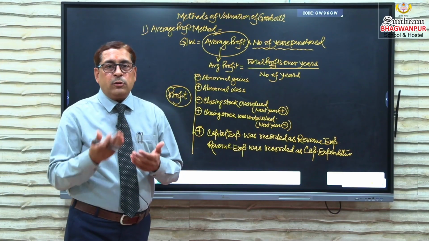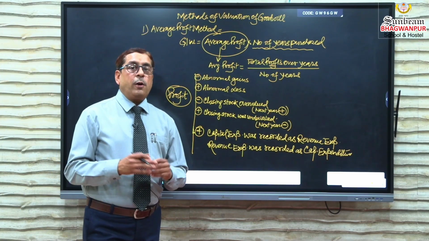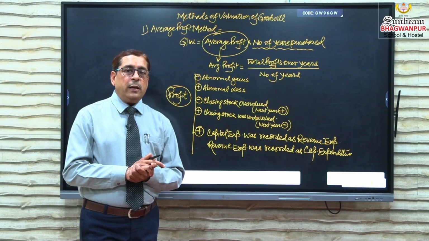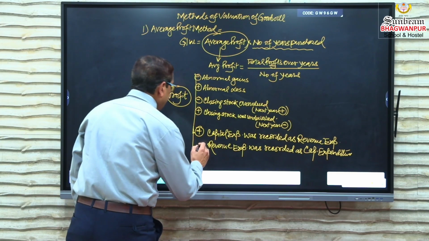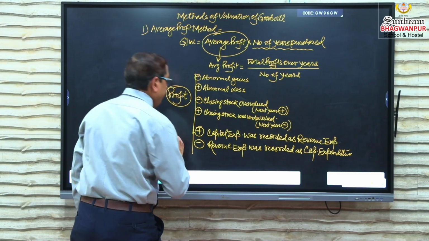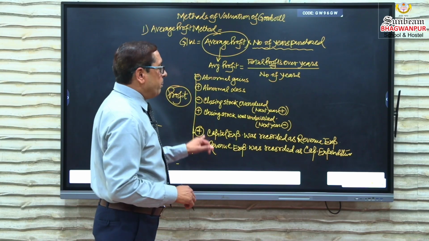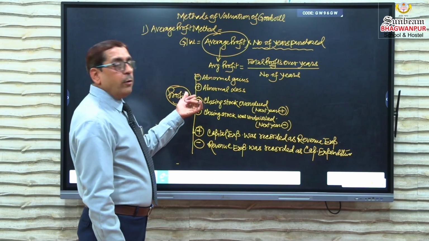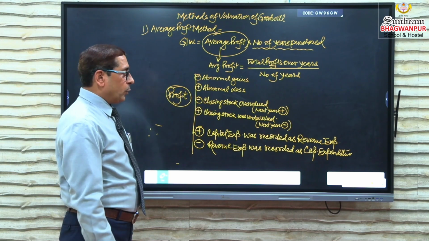What will be the impact on the profit? Profit will increase. That's why we have to deduct it from the profit of that particular year to make this a correct profit for the purpose of valuation of goodwill.